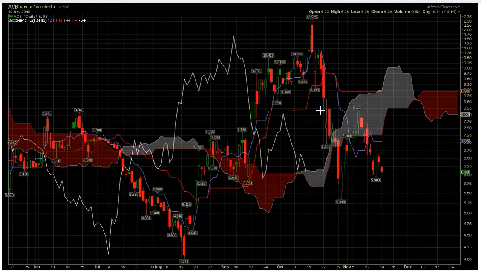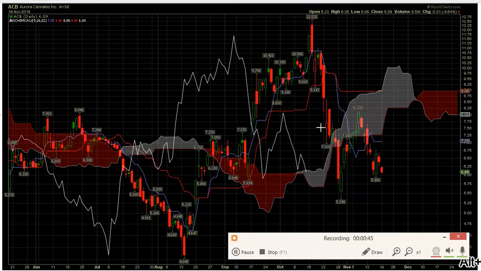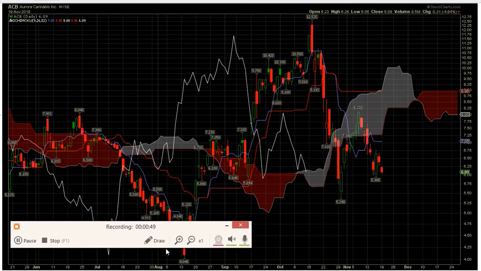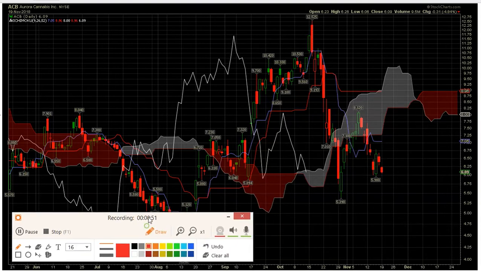And the first item is price relative to the Kumo. Now, price relative to Kumo, we look at if the price is trading above or below the Kumo cloud. Now, right here, we can see that price has actually broken down below the Kumo. Now, this is the Kumo, this is my support and resistance, and it has broken down.